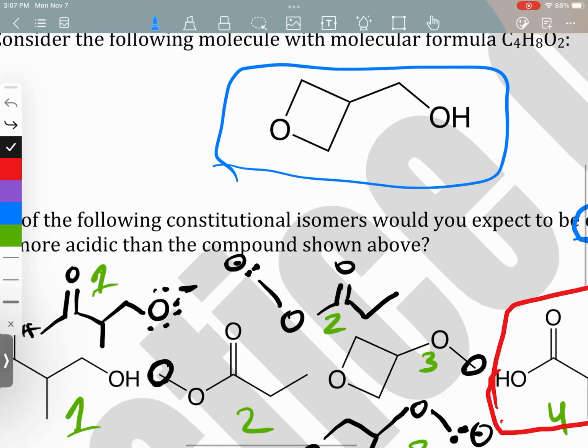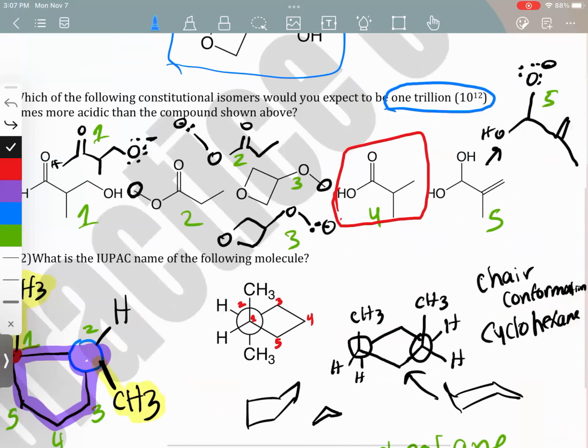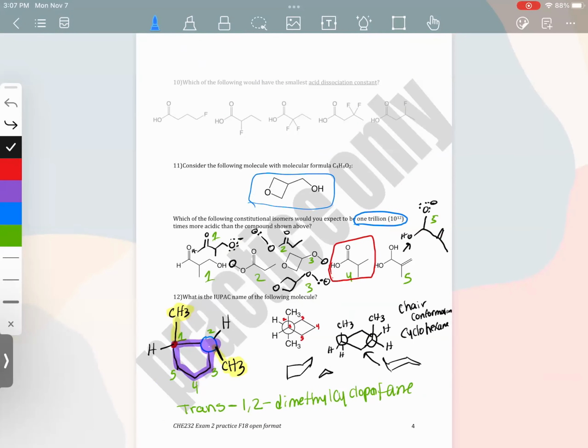Okay. So it's just 4 that could resonate, right? Right, only 4. And that's why it's the answer, essentially, because the conjugate base is resonance stabilized. Okay. I was thinking about what you told me earlier about more electronegative is more acidic. Oh yes, that's true.